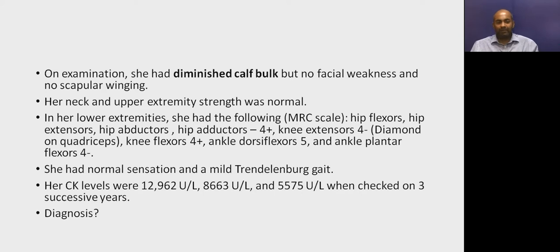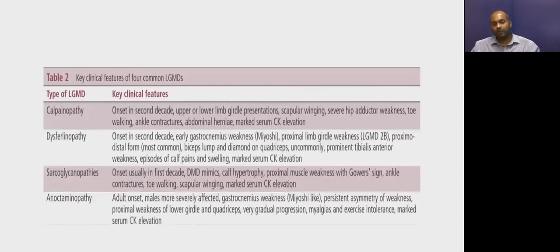We have seen previously this kind of proximal limb girdle pattern, especially here the lower limb is more involved, and she has a diamond on quadriceps sign. So this is a case of distal limb. The common limb girdle muscular dystrophies that we see clinically are calpainopathy, dysferlinopathy, sarcoglycanopathy, and anoctaminopathies.